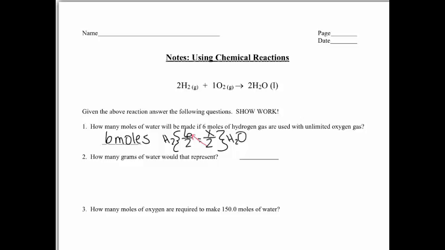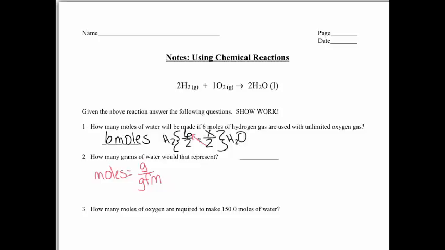All right. Next question. How many grams of water would that represent? You need to remind yourself that we have the mole calculation on the back of your reference tables that says that moles is equal to your given mass divided by your GFM. This time we have our moles of water, so that will go here, and we can always calculate the GFM of something if we have the formula.